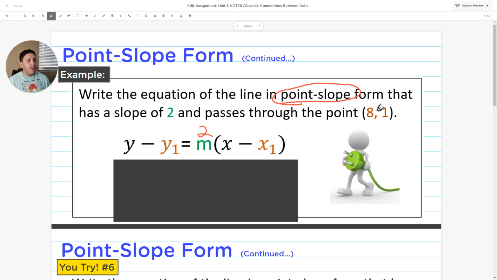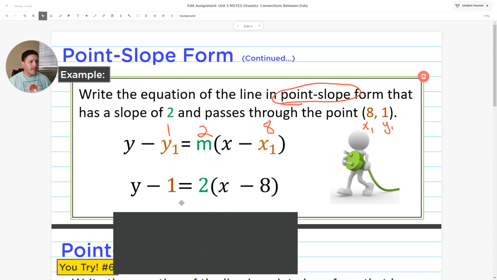The point is 8, 1, which means 8 is x1, and then 1 is y1. Plug them into the formula. If there are any double negatives, we would turn those signs into a positive. But I don't see any. We don't have to simplify any further. This problem just wants the point-slope formula, so we are done.